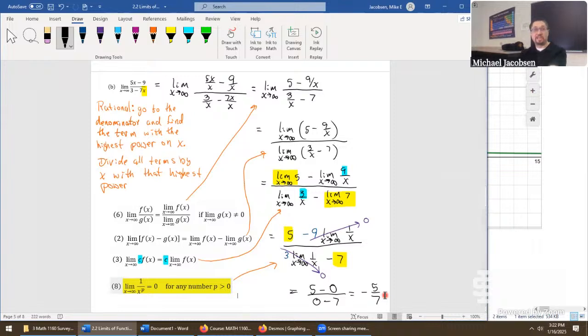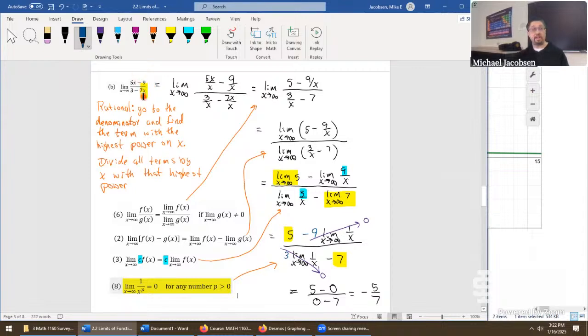Let me reiterate what we said before. People don't do limits this way every single time. The reason we did it this way was just to say, how are the properties from the limit laws actually being used? Another takeaway is, let's go back to that college algebra thought. If you think of this as a rational function, there is a tie in the degree of x in the numerator, degree 1.